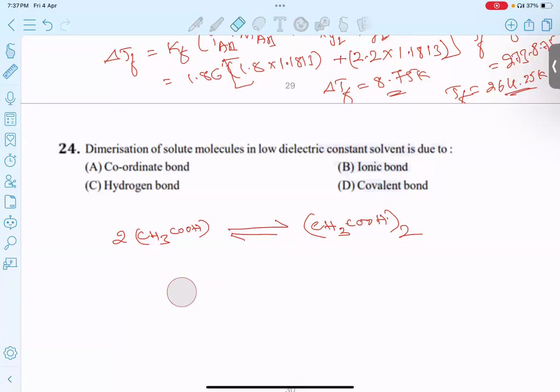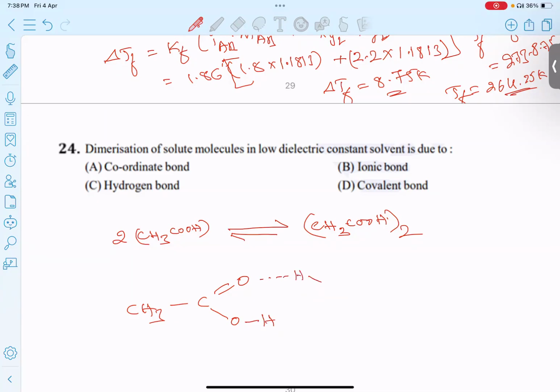So they undergo dimerization. Here is acetic acid, then another molecule of acetic acid combines with this acetic acid molecule through this bond. This is hydrogen.